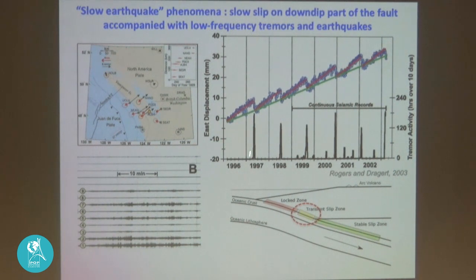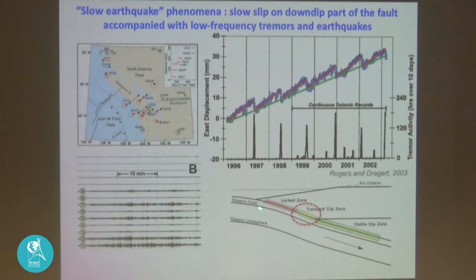And also what is interesting is that during these so-called slow slip events, where the slip on the fault plane accelerates, we observe low-frequency seismic signals, low-frequency seismic tremors and earthquakes, in some sense very similar to low-frequency volcanic seismicity. Okay, and initial studies showed that all these slow slip and low-frequency radiation originate in this deep part of the fault zone.